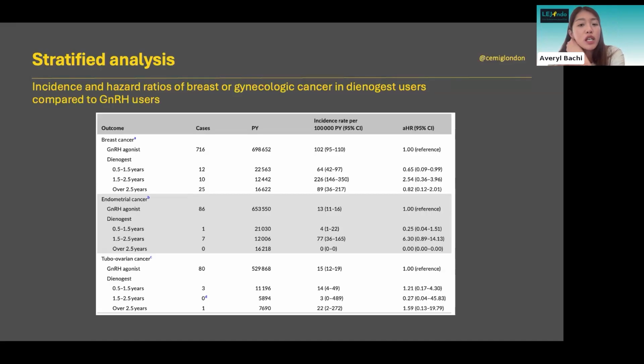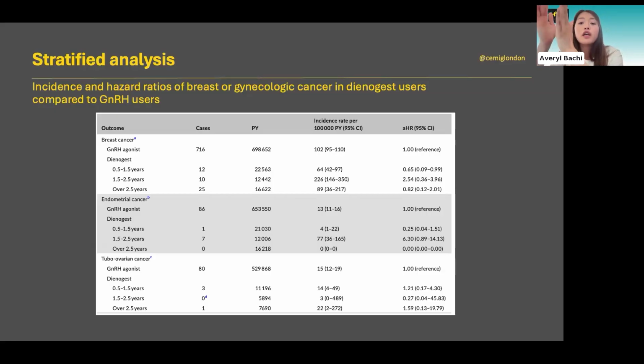The direction of association varied across the strata, and the confidence interval was imprecise. In the endometrial cancer and the ovarian cancer group, the direction of association was inconsistent across the duration categories, with no incident case observed amongst individuals with more than 2.5 years of Dianogest use. So yeah, that's it from this study.